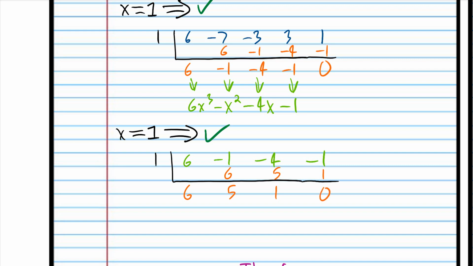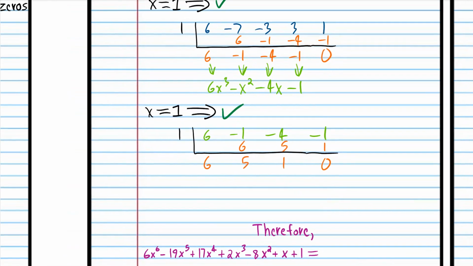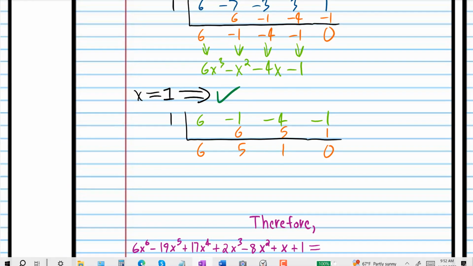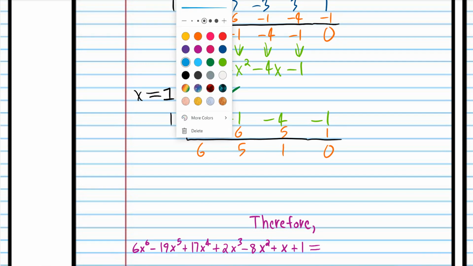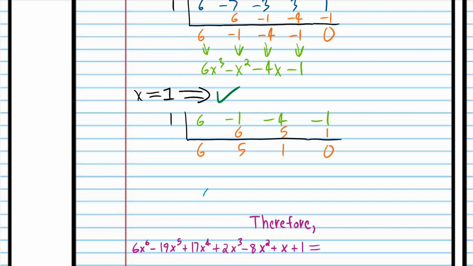And we get 0, so that's a good sign again. And now let's write the depressed polynomial. So 6, now we're going to a second power polynomial, or a degree 2 polynomial.